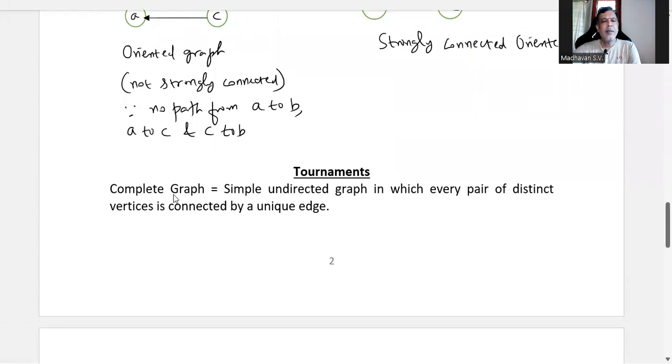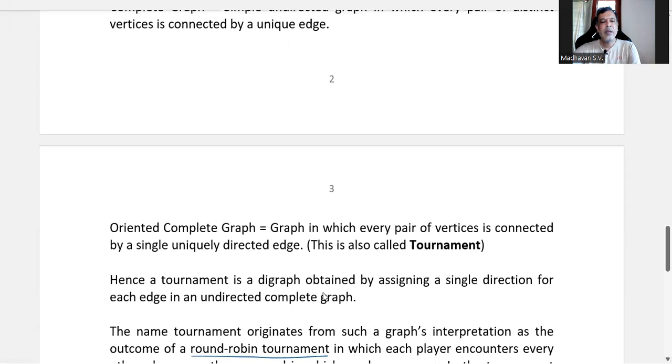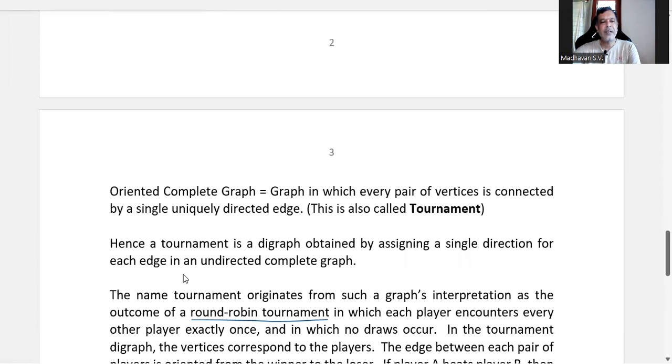Then comes tournaments. A complete graph is a simple undirected graph in which every pair of distinct vertices is connected by a unique edge. An oriented complete graph, we call it a tournament. It is a graph in which every pair of vertices is connected by a single uniquely directed edge. Hence, a tournament is a digraph obtained by assigning a single direction for each edge in an undirected complete graph.